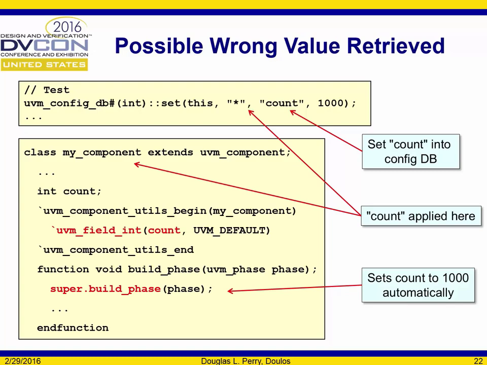Okay, so we've got count set in our config DB, and now count is going to actually be applied to this component because we called super.build_phase. And now we've got a local value count here. And we call super.build_phase, and all of a sudden count gets set to 1000. Whoa, what happened? Anyway, it's one of those things where if you don't do it carefully, it can surprise you.